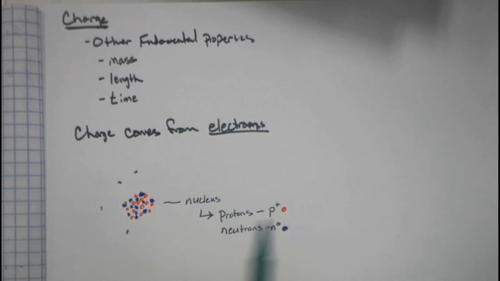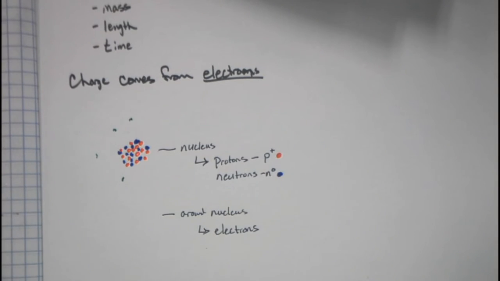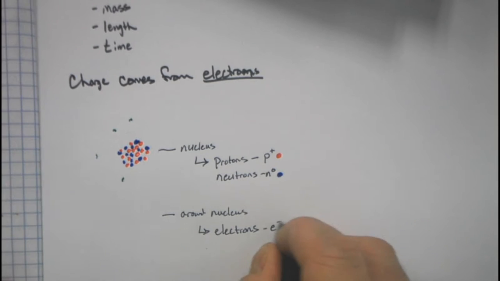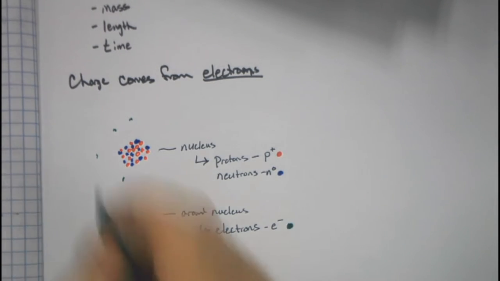These have a negative charge, and these are the electrons. Around the nucleus we have electrons. That is e minus, and I'll draw those green.